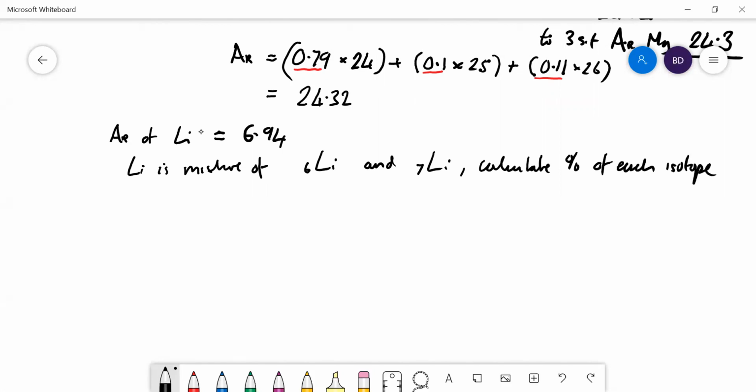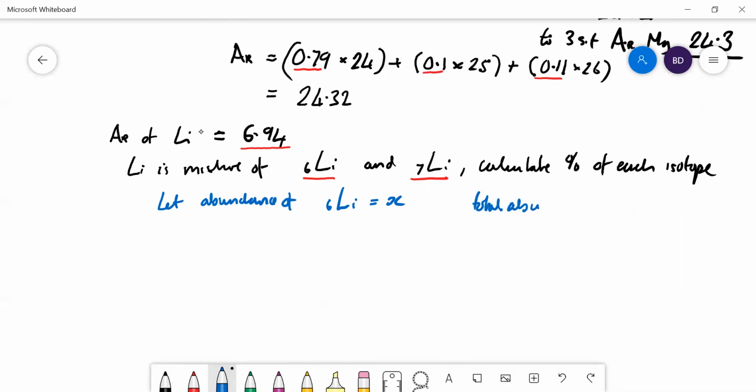Now you can tell by looking at this, first of all, it's 6.94, so it's going to be mostly lithium 7 with a little bit of that one. Okay, so let us say let the abundance of the 6 be equal to X. Now the total abundance has got to be equal to 1.